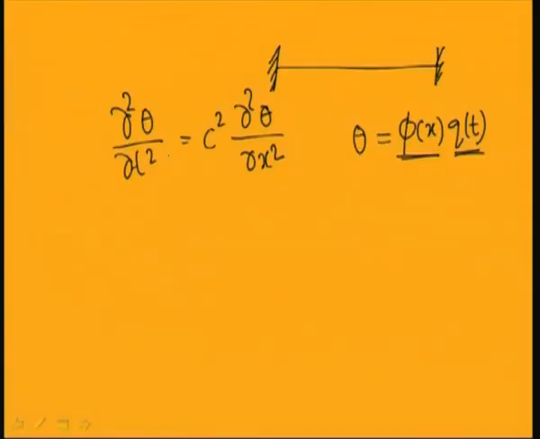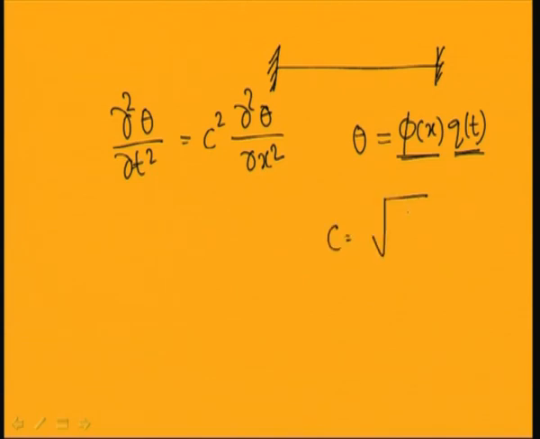The equation of motion is in this form: del square theta by del t square equal to c square del square theta by del x square, where c square equal to G by rho, or c equal to square root of G by rho.